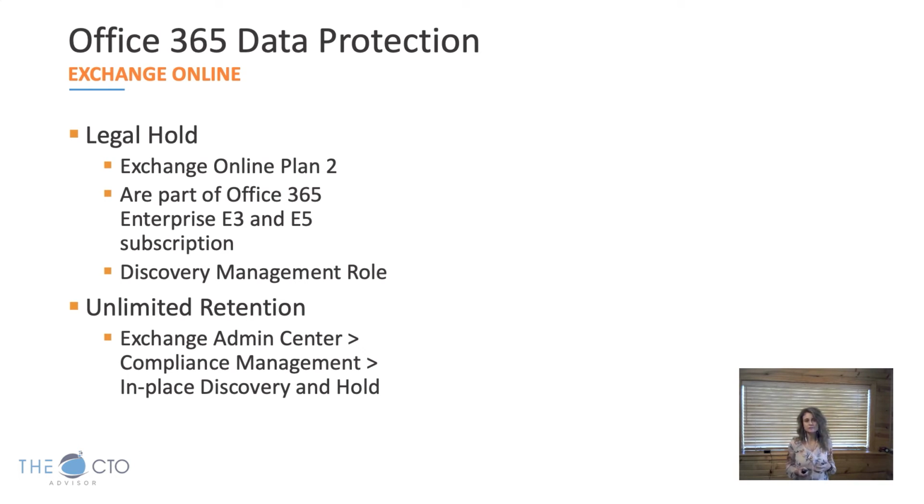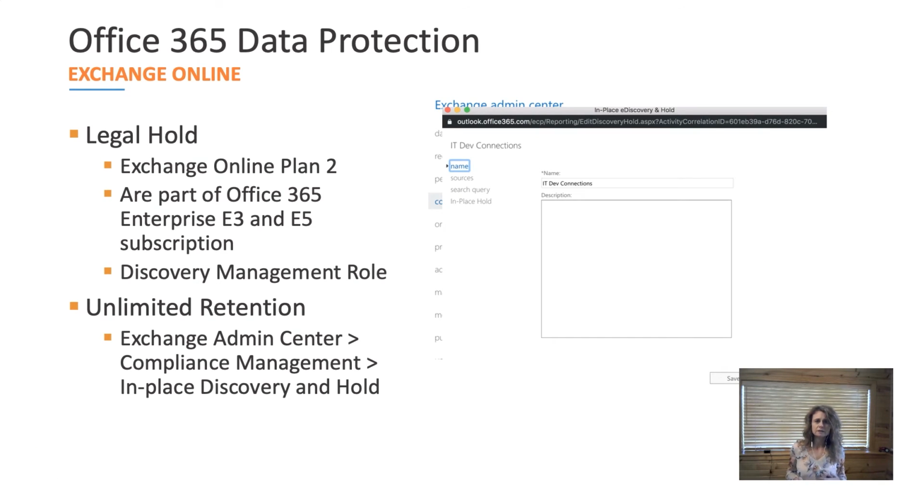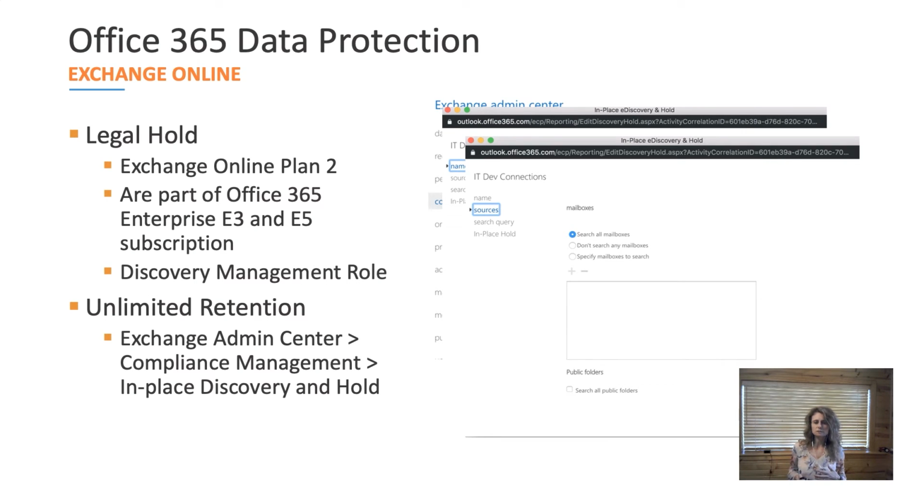Now, how do we do this? What we do is we set in the Exchange Admin Center under Compliance Management, in place discovery and hold. So we're going to go ahead and pull that up here. And essentially, you're going to go ahead and create this hold.